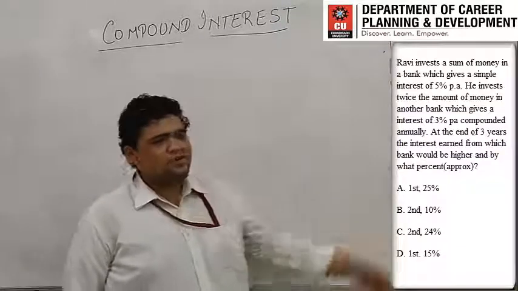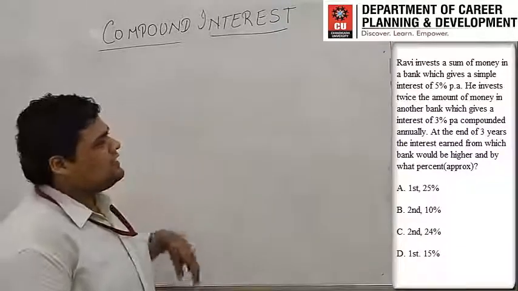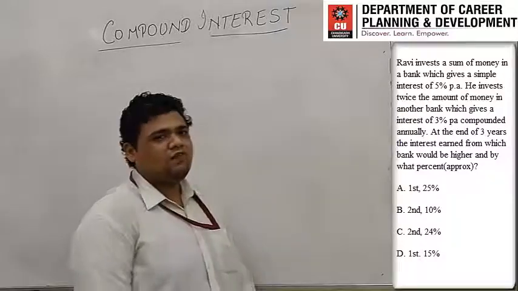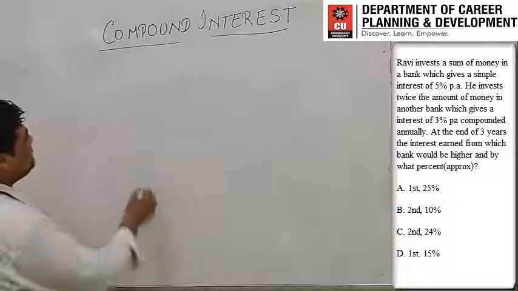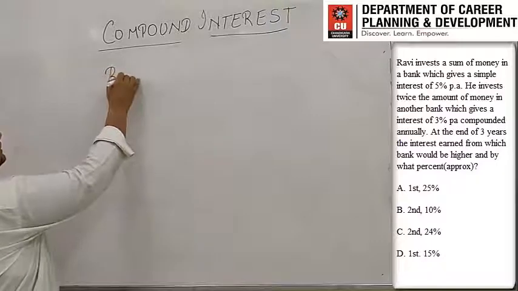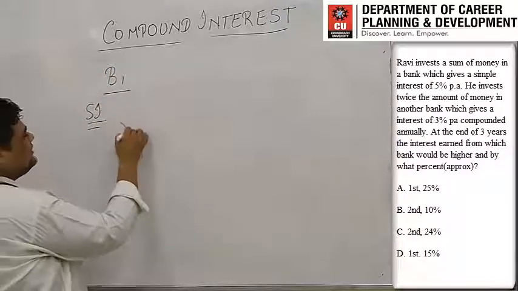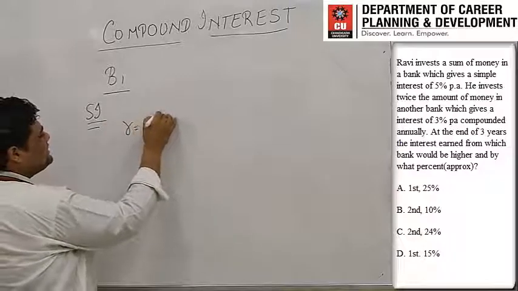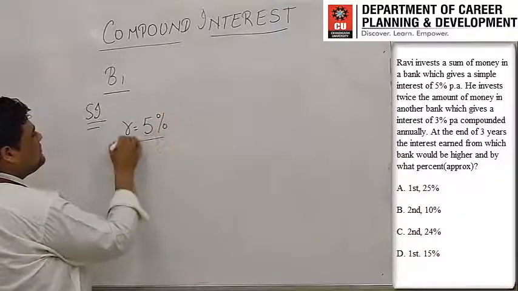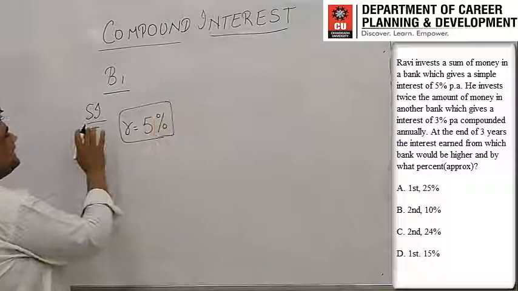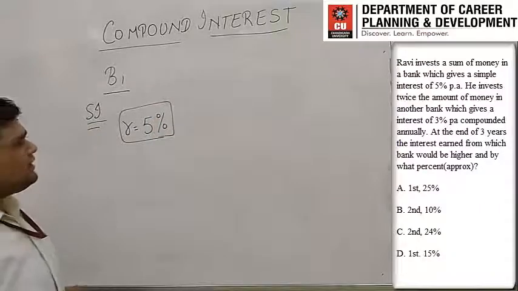Next, we are moving to our next question, which says Ravi has invested a certain amount of money in a certain bank at simple interest, at a rate of 5%.